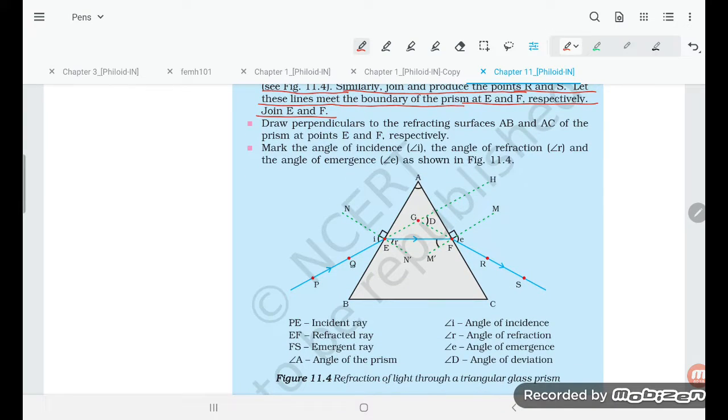Join E and F, and draw perpendiculars to the refracting surfaces AB and AC of the prism at the points E and F respectively. Mark the angle of incidence i, the angle of refraction r, and the angle of emergence e as shown in the figure.